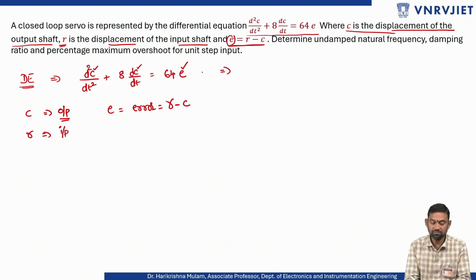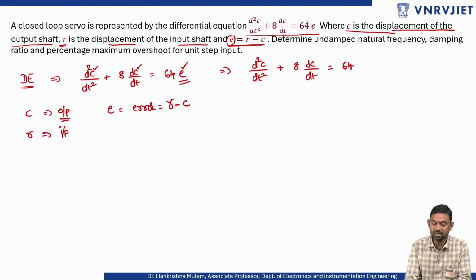Therefore, this differential equation governing the system can be written as d square C by dt square plus 8 dc by dt is equal to 64 into the error, which can be written as the difference between input and output, that is E can be written as R minus C. That is equal to 64R minus 64C.